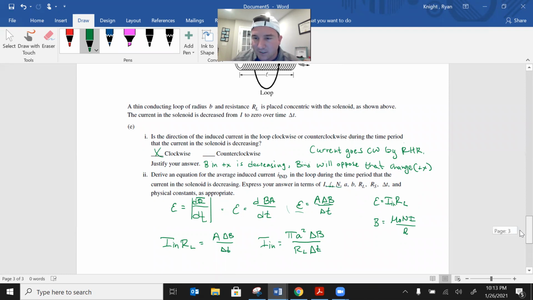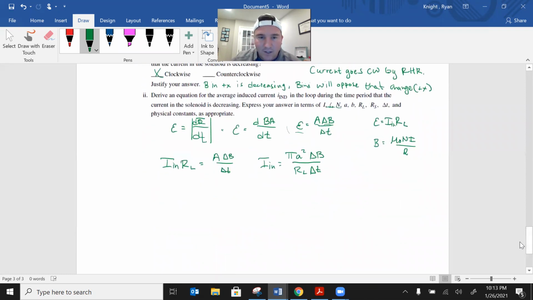Mu is a physical constant, so that's fine. And we get our induced current is going to be equal to pi A squared mu naught N I over delta T. And there we go.